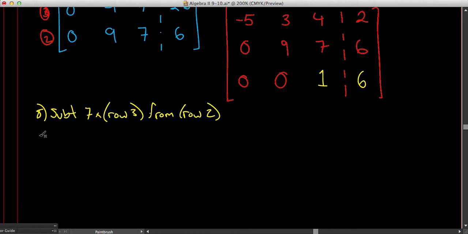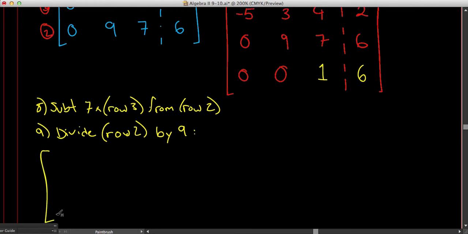Which is convenient because 9 actually goes into 36. So let's take row 2 and divide row 2 by 9. Okay, so if we do that, we'll be left with the same thing in the first row, negative 5, 3, 4, and 2.